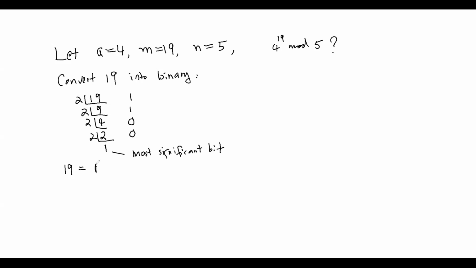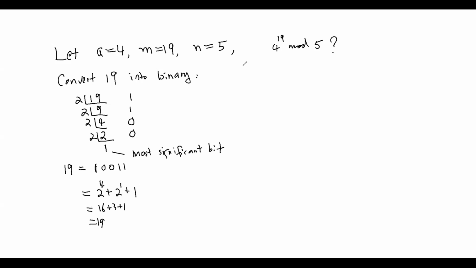So that's 1, 0, 0, 1, 1. That's the binary, and you can verify this: this is 2 to the 4, this is 2 to the 1, plus this is just 1. So 16 plus 2 plus 1, that's 19.